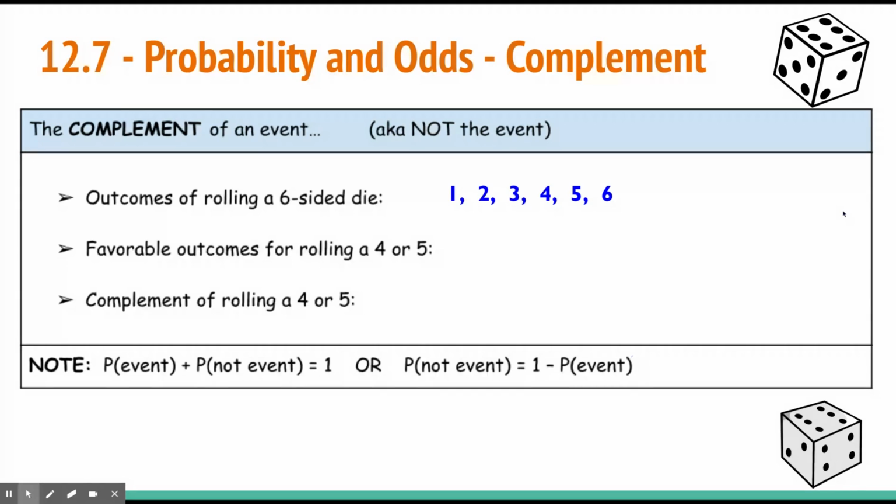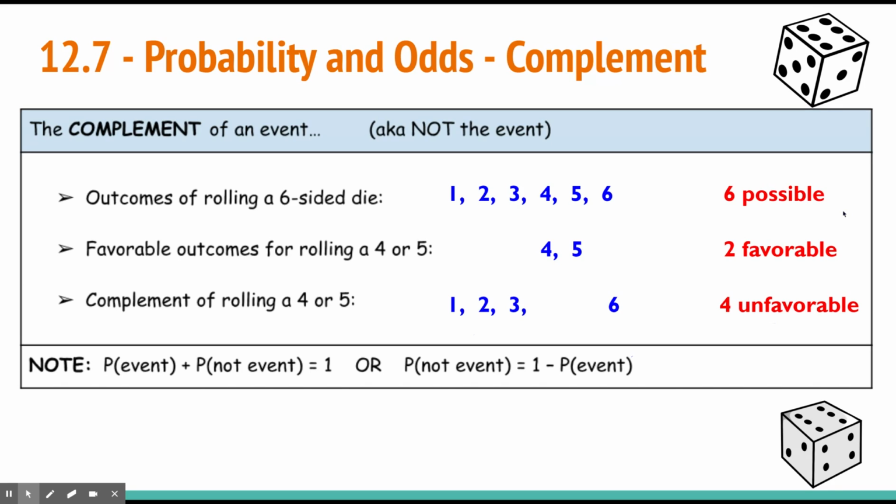The favorable outcomes of rolling a 4 or 5, well, that's either rolling a 4 or a 5. What is the complement of rolling a 4 or 5, aka of not rolling a 4 or 5? Well, you can roll a 1, you can roll a 2, a 3, or a 6, giving us 4 unfavorable outcomes.